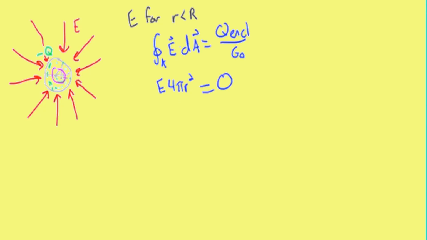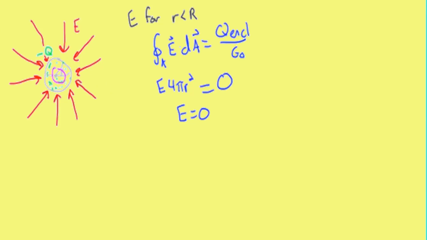So at any non-zero point of r, for any radius from 0 to big R, the flux has to be equal to 0, and the only case that this can happen, since the radius will go from 0 to big R, is for the E field to be equal to 0. So inside of here, the E field is 0, and this is something that you know from conductors. The electric field inside a conductor is equal to 0.